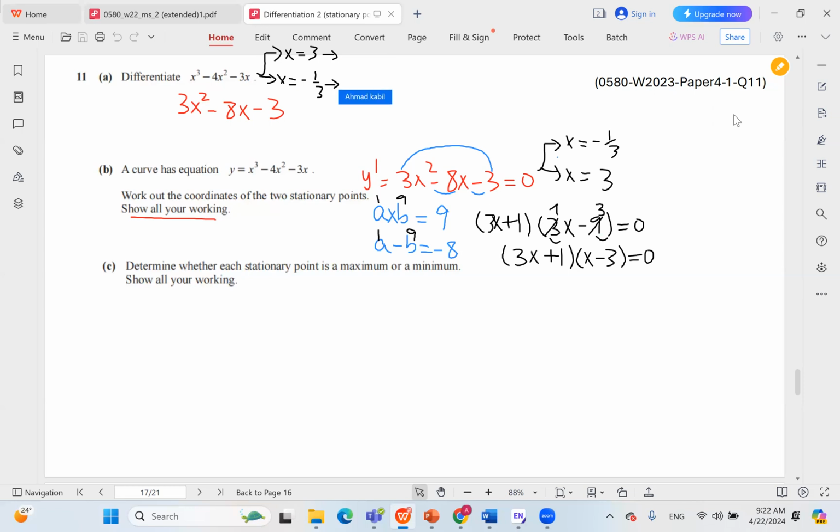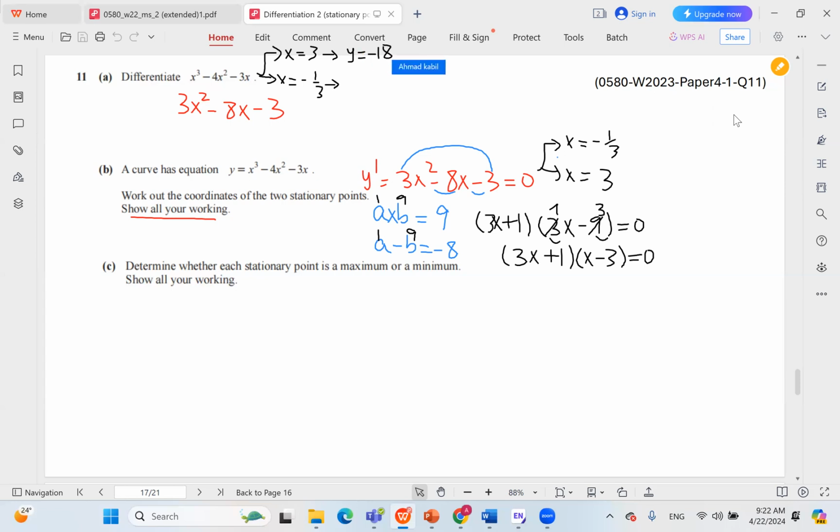So for the first one, we have 3 power 3 minus bracket 4 times 3 power 2 close bracket minus 3 times 3 again. So y is -18 for the first one.